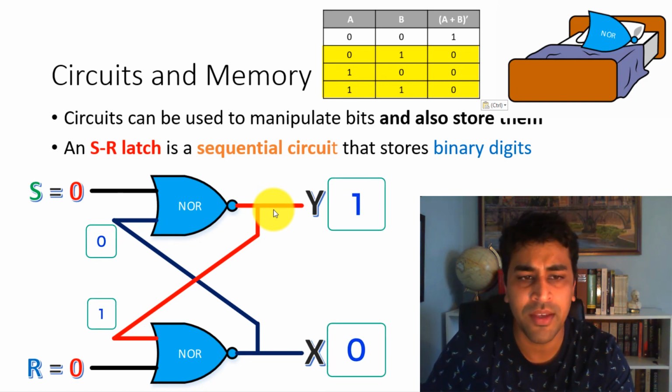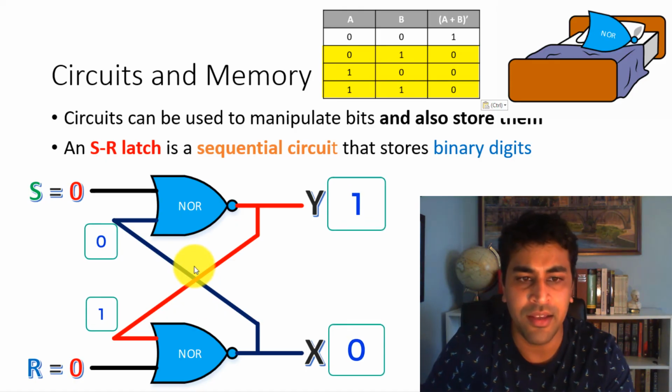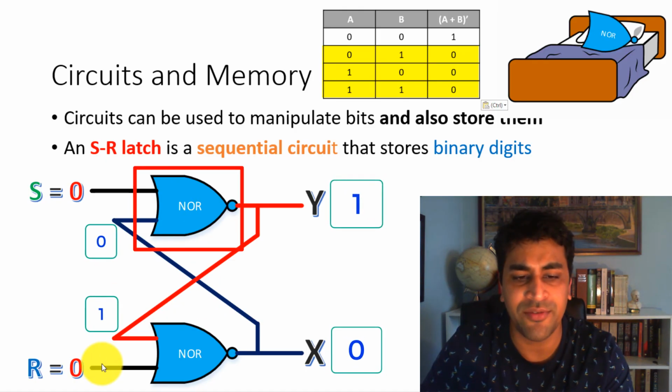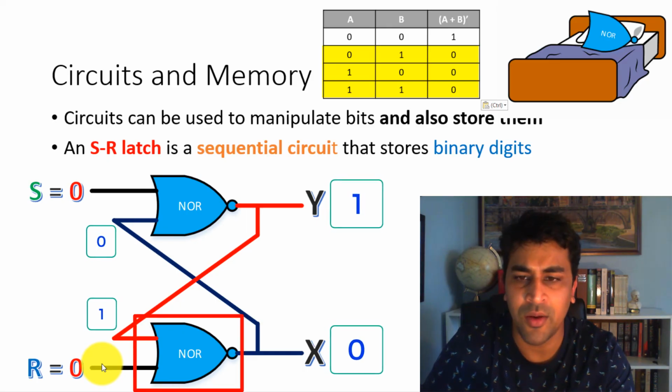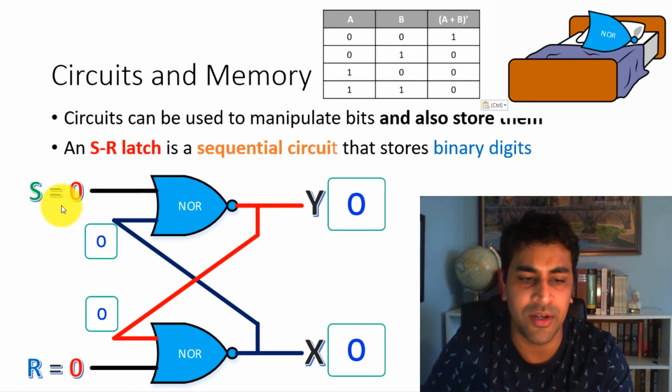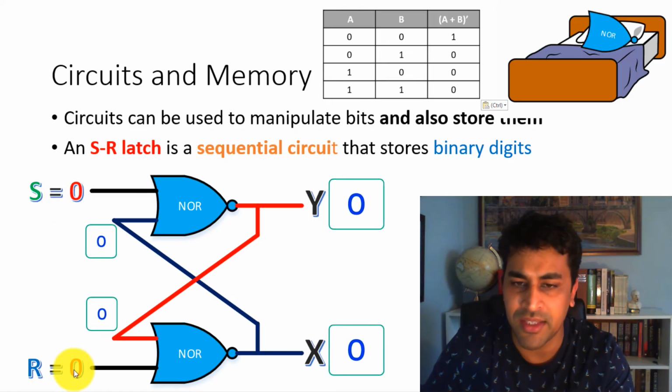But hang on, we have this state of the circuit since we began computing from this NOR gate. Suppose we were computing from this NOR gate, where Y was equal to 0, X was equal to 0, S is 0 and R is 0 from the forbidden state.